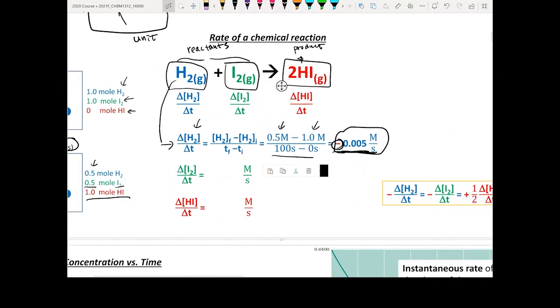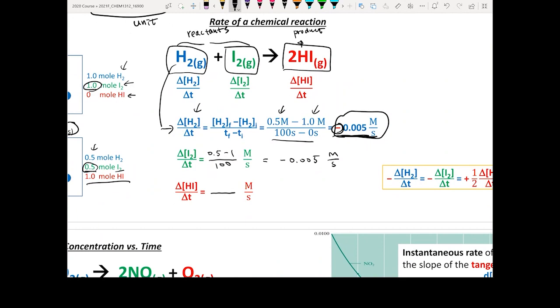For your I2, we can do the same calculation, right? Your I2 final is, again, 0.5, initial is 1, time is 100 seconds. So in this case, it's also going to give you minus 0.005 concentration per second.